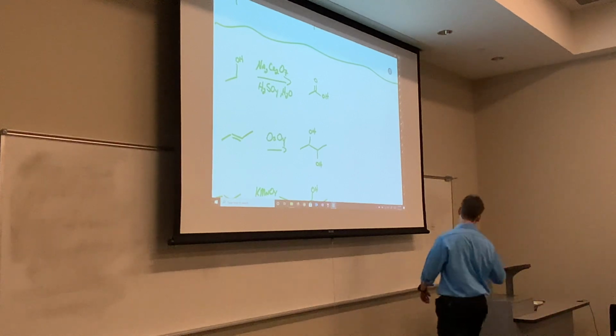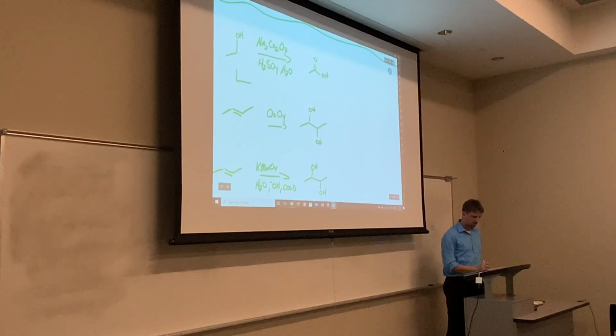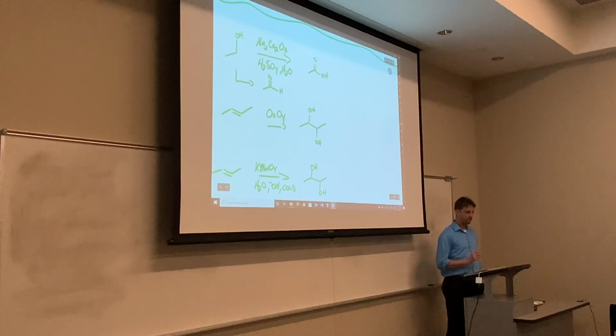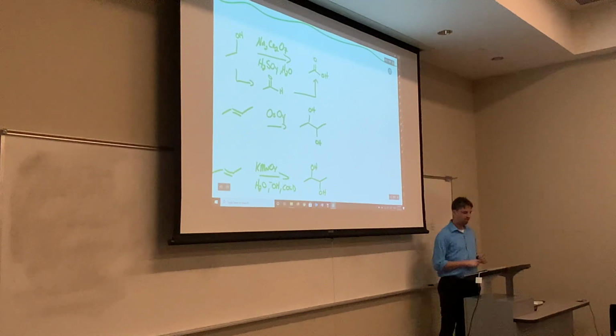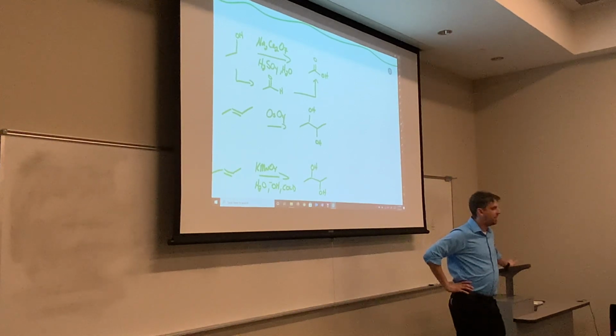So, we're not going to know the mechanism for this. That's a little bit outside of the scope of what we need. But as this is going on, it makes the aldehyde, and then it continues all the way to the carboxylic acid. Do you guys get why I'm telling you that, though? Because it's not selective in a couple of ways.